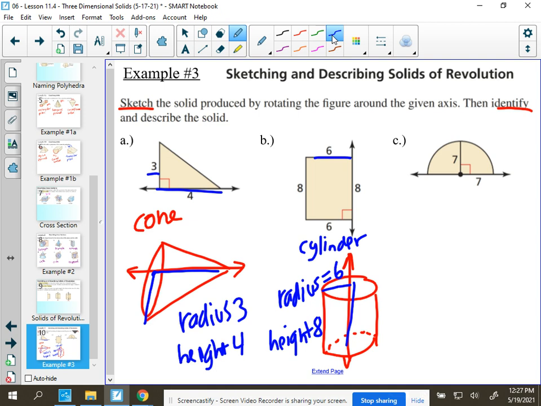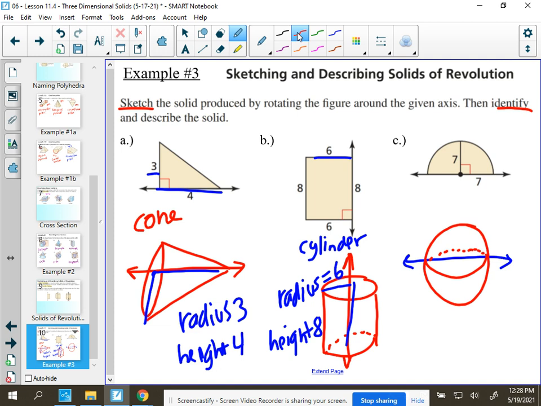All right, then the last one. When I rotate this half circle around my axis of revolution, we'd end up with a sphere. Here's how I would draw it: center up a circle there, draw a little curved equator, like we're drawing a globe. So there's my sphere.